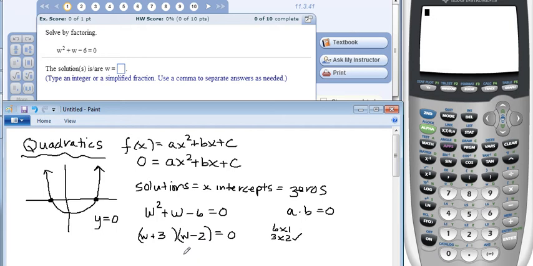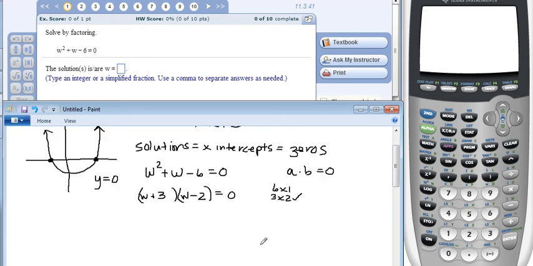See how important factoring is? Now I can say either w plus 3 has to be 0, or w minus 2 has to be 0. So I solve these two linear equations, so w has to either be negative 3 or w has to be 2. There's my solutions. Okay?